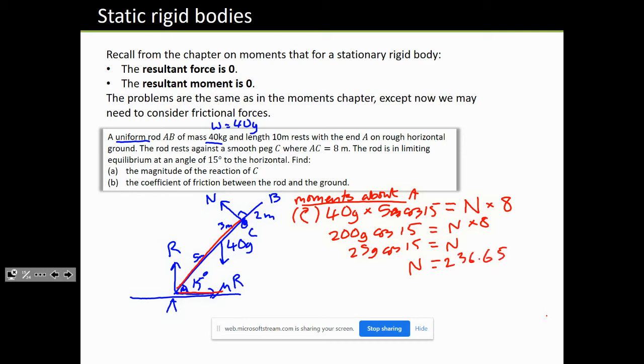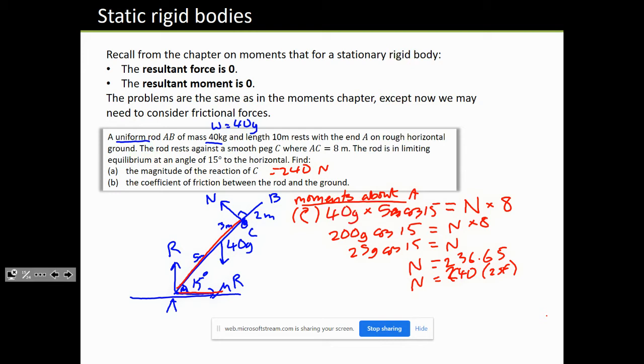Because we use g to 2 significant figures, let's do the same for N. So we get 240 to 2 significant figures. So the magnitude of the reaction at C is 240 newtons.